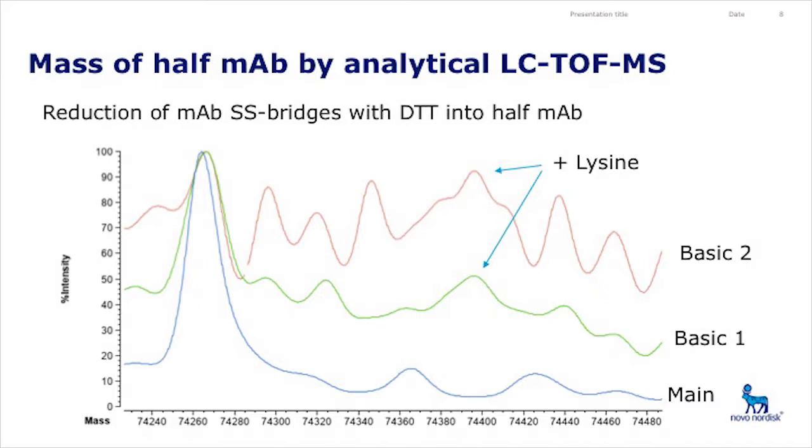And there are some indications at the mass 7440 that this could be a lysine on the basic 1 relative to the main and the acidic 1. This will have to be investigated again later on.